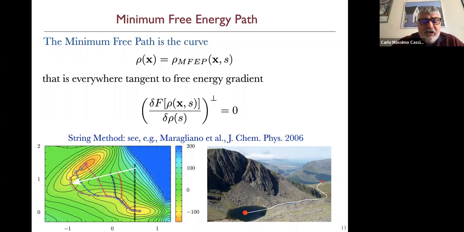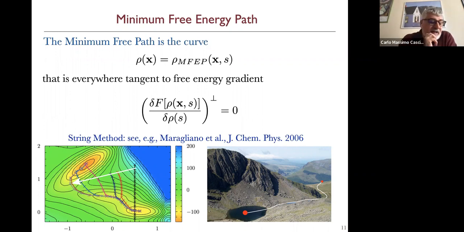Now, in the sketch on the left of the slide, what you see is an elementary case in which we assume to only have two independent variables, say rho 1 and rho 2. And then we have a curve in this space. We have a free energy landscape. And then we want to relax this curve in such a way that the initial image and the last image along the curve fall into the two locally stable minima, whereas all the other images, all the other points, fall down into the bottom of the canyon or the valley that connects the two equilibrium states.